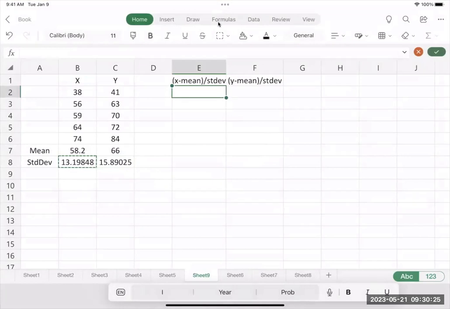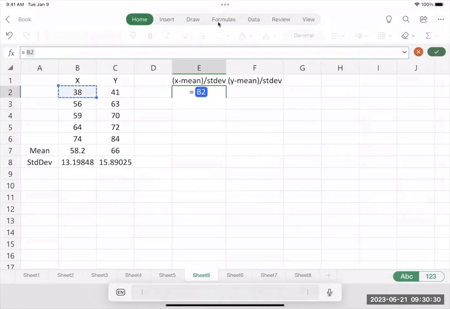So what I'm going to do is, now you can just do this manually if you're following my directions. Actually, I'm just going to write them because I don't want a problem with references. So it's 38 minus 58.2, in brackets, because Excel doesn't follow order of operations, so I probably have to set it up somehow.